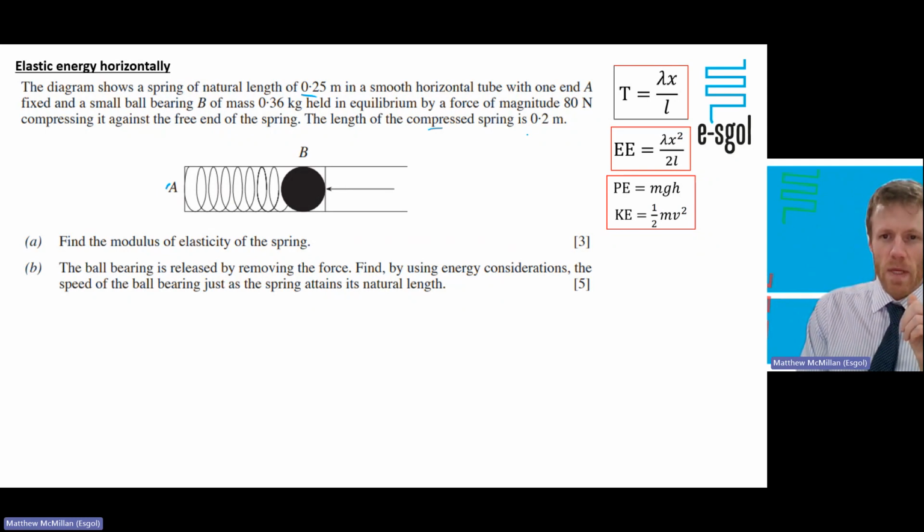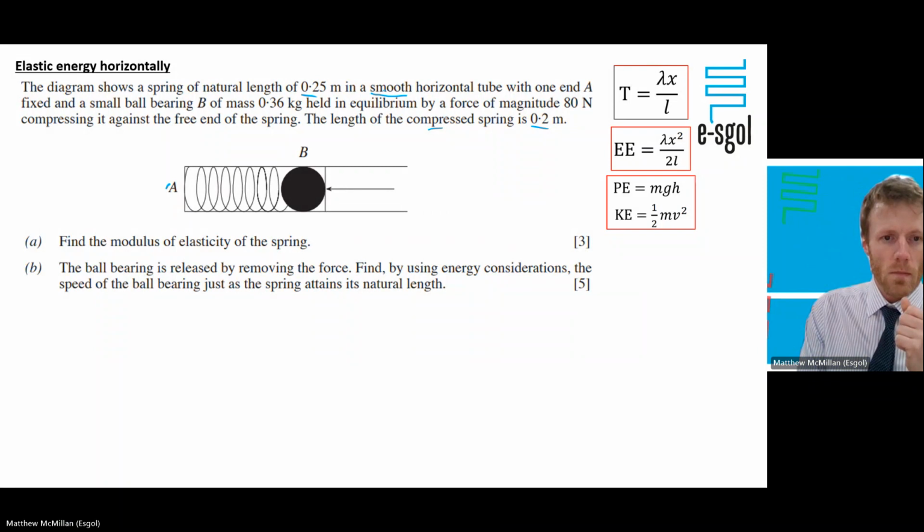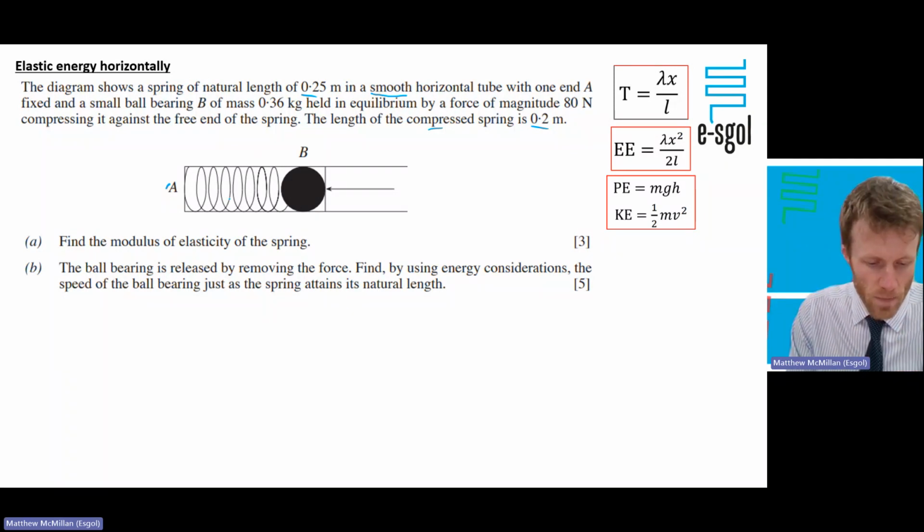Well, it says here it's being compressed, 0.2 meters. Now, it is in a smooth horizontal tube, so already I'm thinking I don't need to worry about friction. One end is fixed and one end is attached to a small ball bearing, and it tells us the mass. Find the modulus of elasticity.